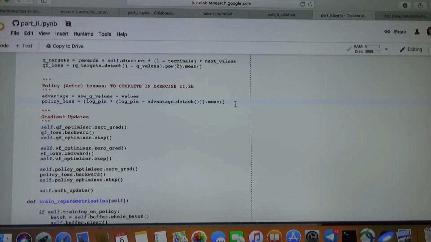You remember that now we have actually two neural networks. The first is the regression for the policy, and the second is for the advantage function. So the policy loss depends on theta, not omega, and the advantage function depends on omega.